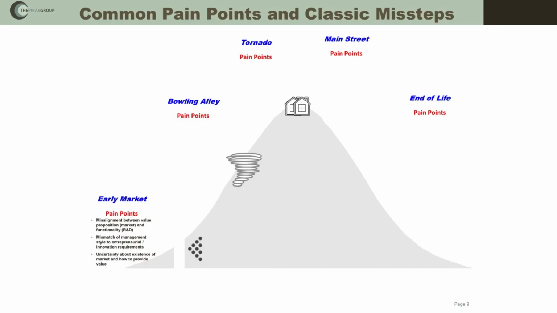The second is the mismatch of leadership management skill set and the style of entrepreneurial and innovative leadership in this phase. Okay, and I mentioned that in the last segment. This is particularly true in existing companies where the mature operational leaders are often rewarded with an exciting new opportunity to lead this new technology or product organization.